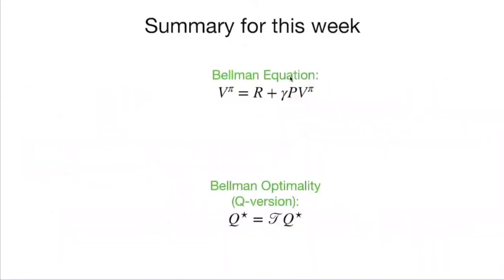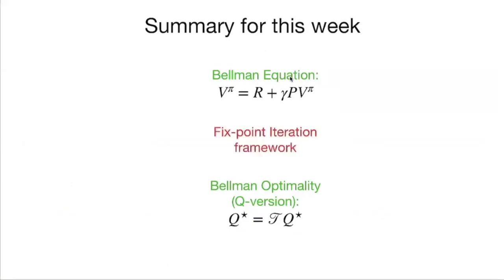Right? So let me quickly summarize what we did for this whole week. We covered the Bellman equation and Bellman optimality from the first week. These are the two properties of the Markov decision process. From these two properties, we realized that there are two very nice fixed point equations, one for V pi, one for Q star.